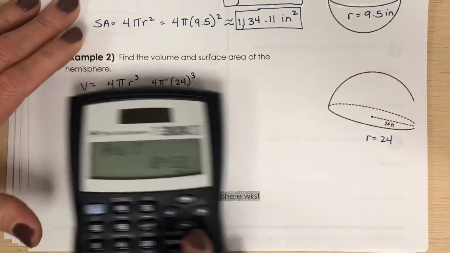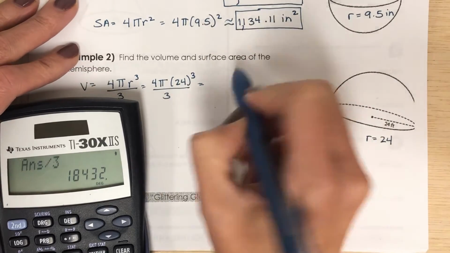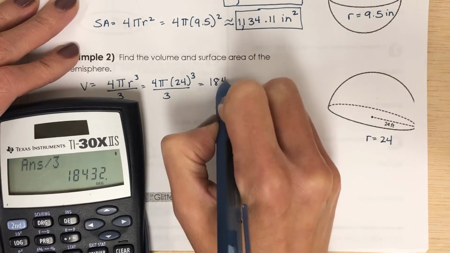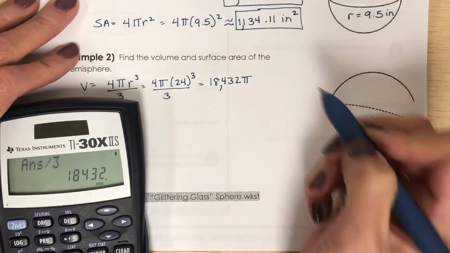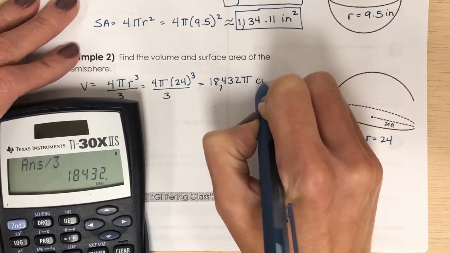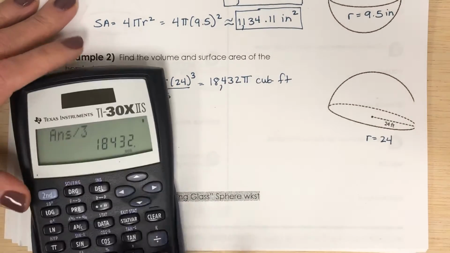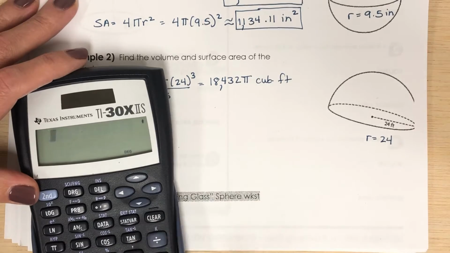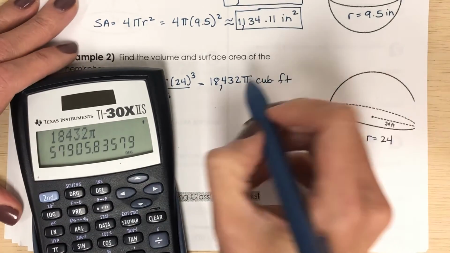Oh, it will, nicely. I could have done it as a fraction if I wanted to. This happened to work out nicely. 3/2, and that still has pi in my answer. And my units are cubic feet, so that's the exact answer. And if I wanted to give the approximate, I could just multiply it by pi. 18,432 pi. Ooh, nice big one.